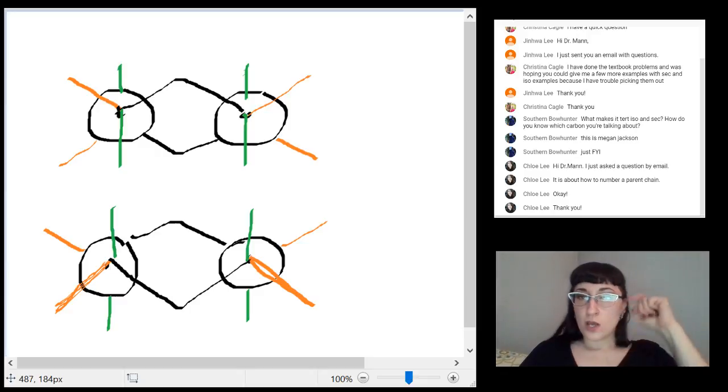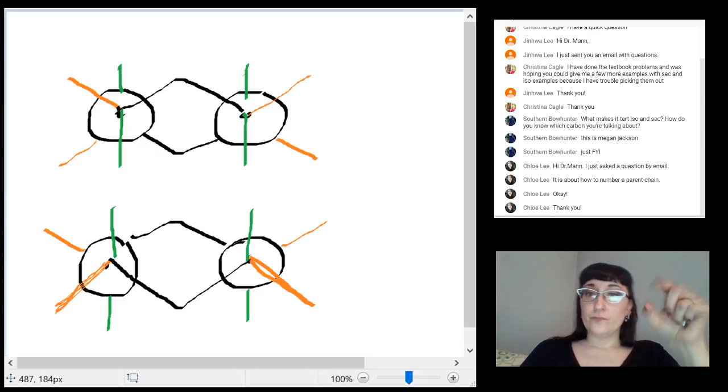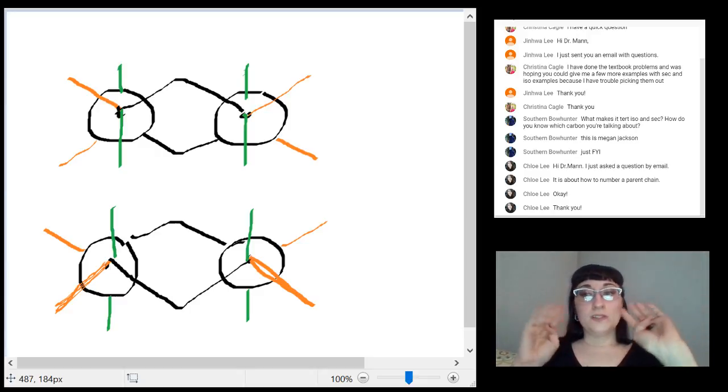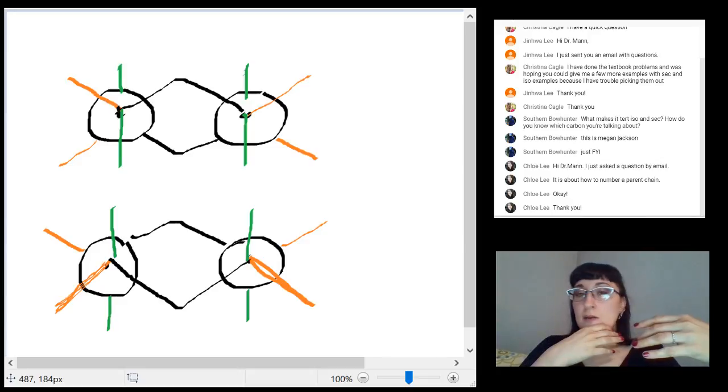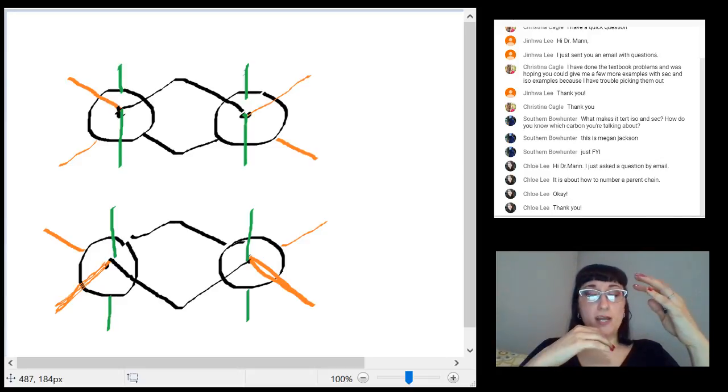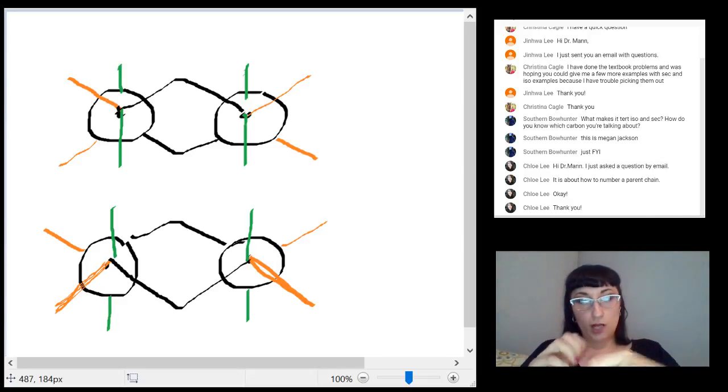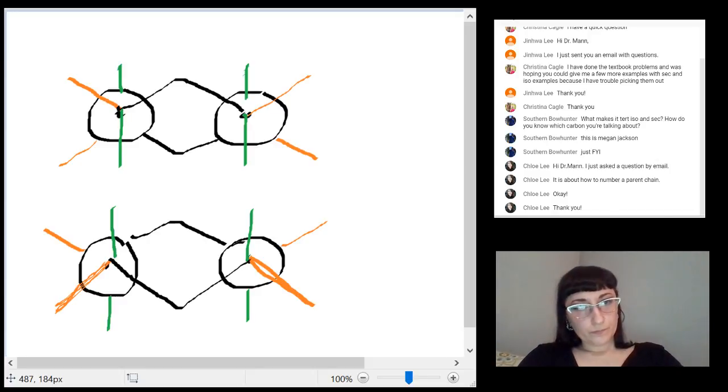down. Okay, so remember, when the chair flips, something will still be up or down, depending, but it doesn't flip whether it's going up or down. It just changes whether it's axial or equatorial. So you'll notice that these are two versions of a chair flipped, right?